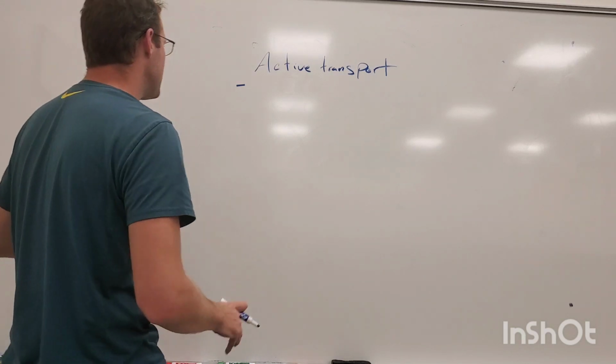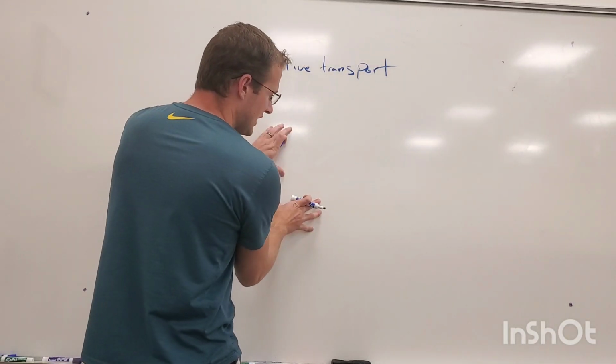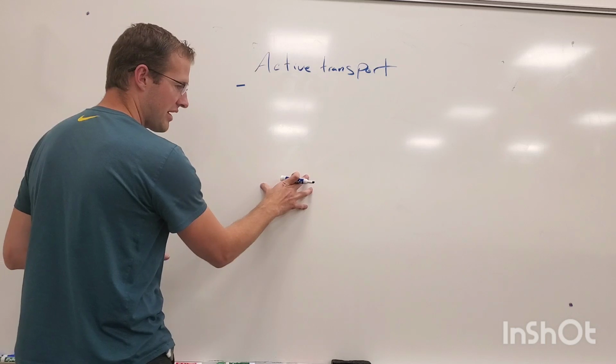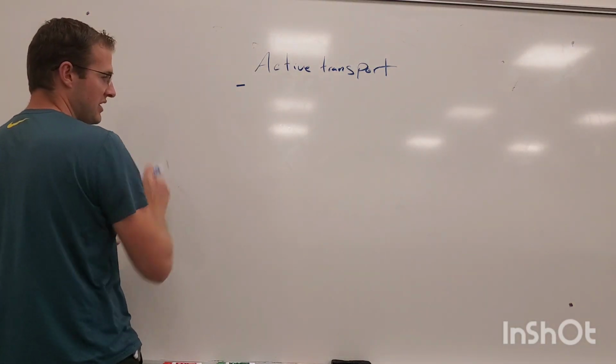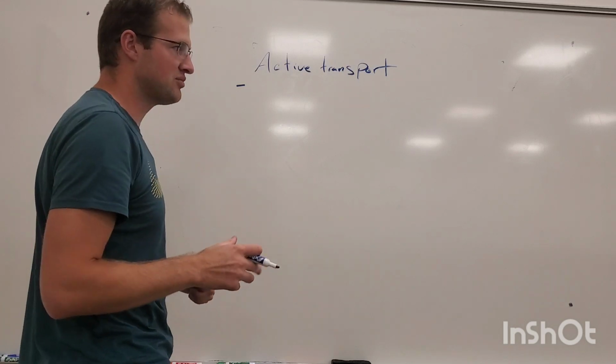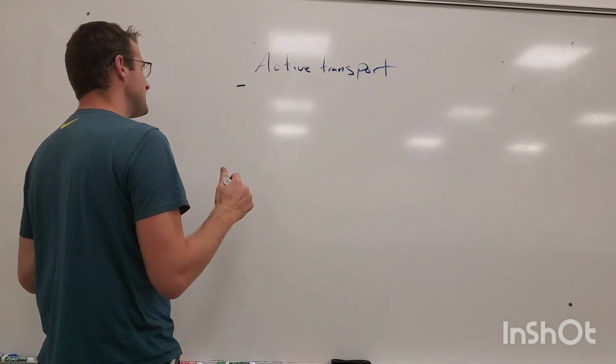Where we have something on the outside of the cell in a high concentration that wants to go inside, active transport is going to take what little we have on the inside and pump it outside, making this concentration gradient even greater. That's important for setting up secondary active transport, but we'll talk about active transport first.